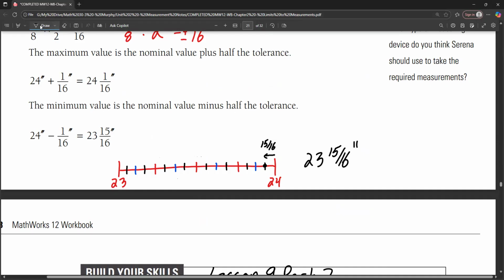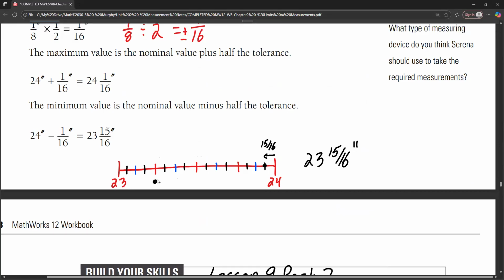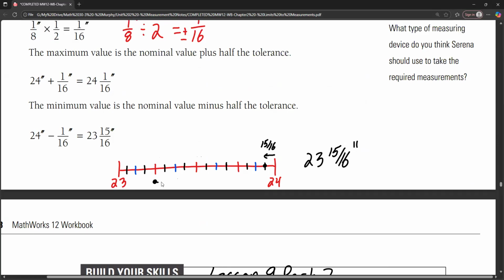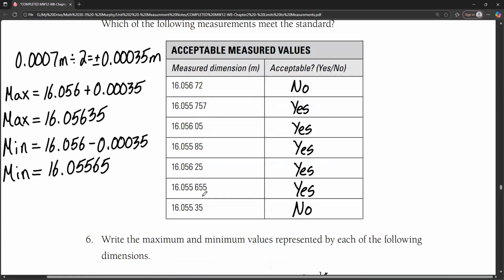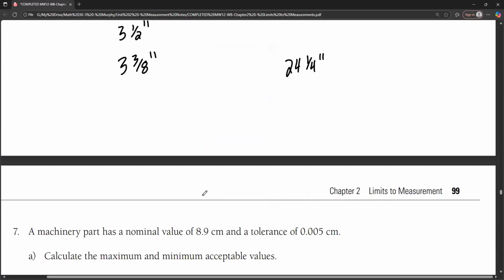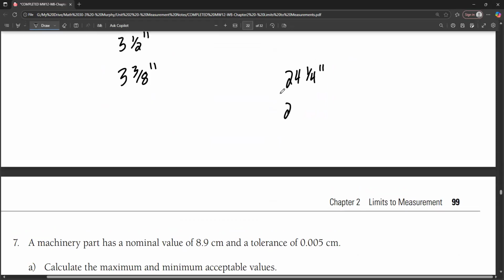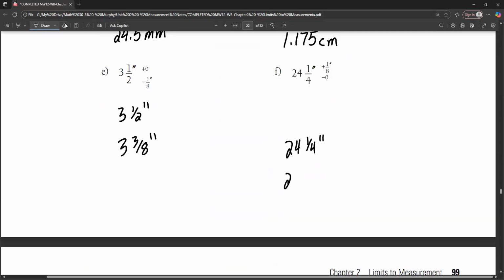So we are right here. And they're saying go up an eighth. So that would be to the blue right here. So that would be 1, 2, 3/8. So, well, that's our minimum, sorry. So our maximum would be 24 3/8.